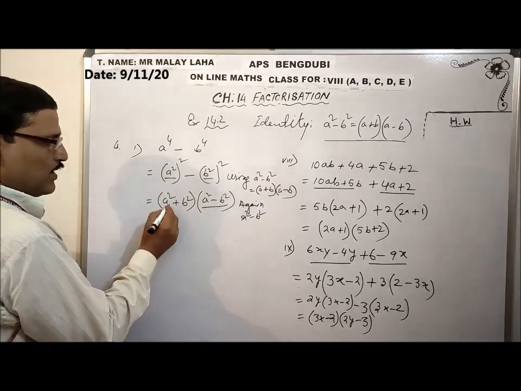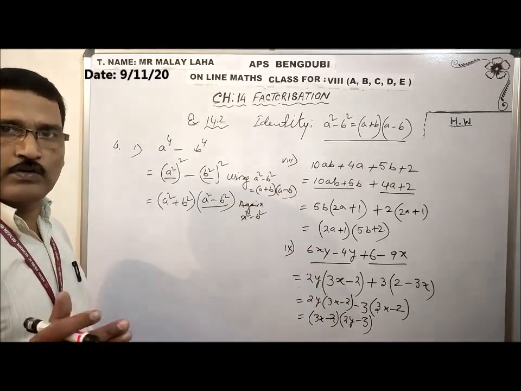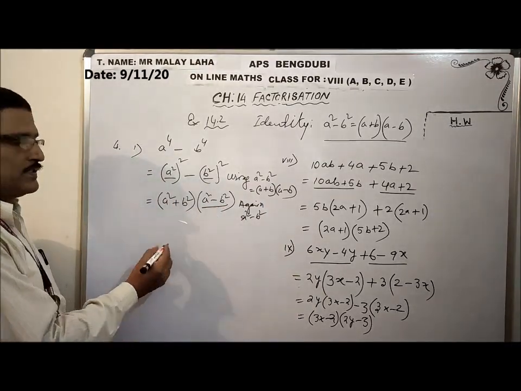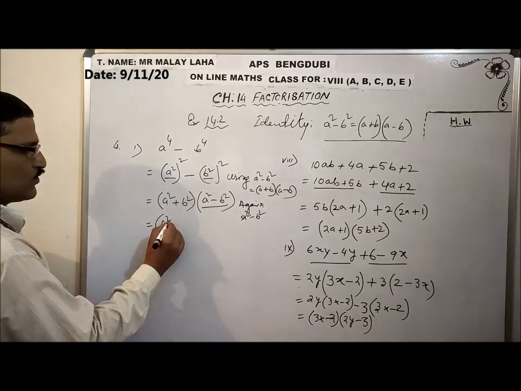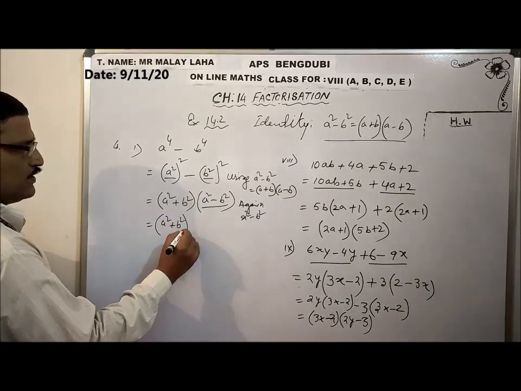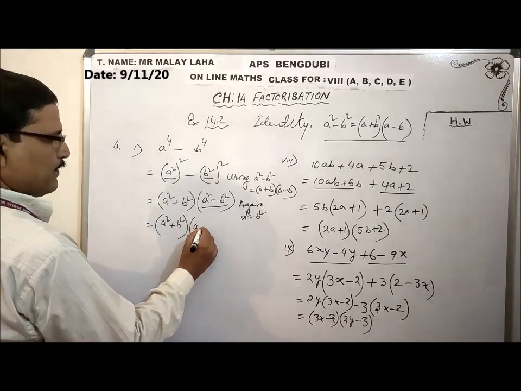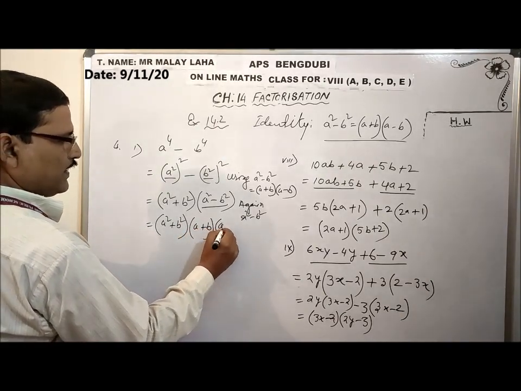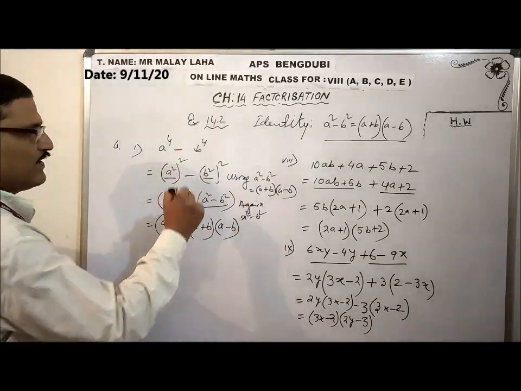From here, a square plus b square doesn't have an identity, but a square minus b square does. So it will be a square plus b square into a plus b into a minus b. This is the final part.